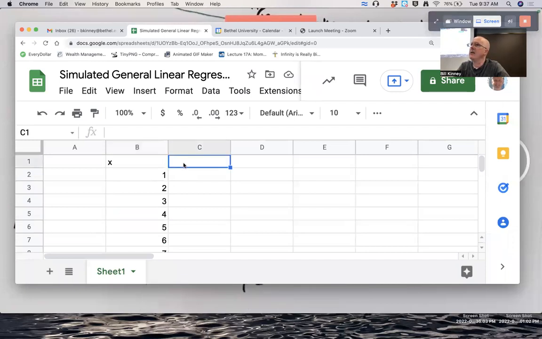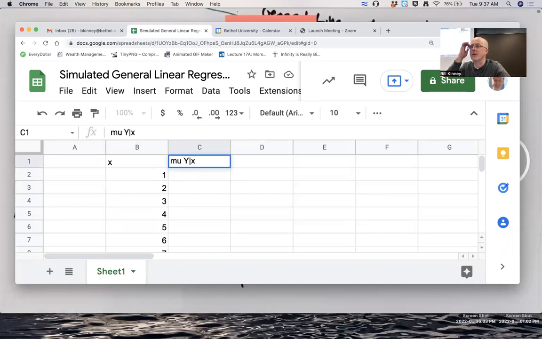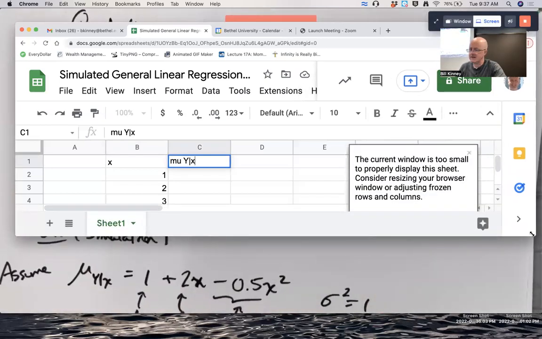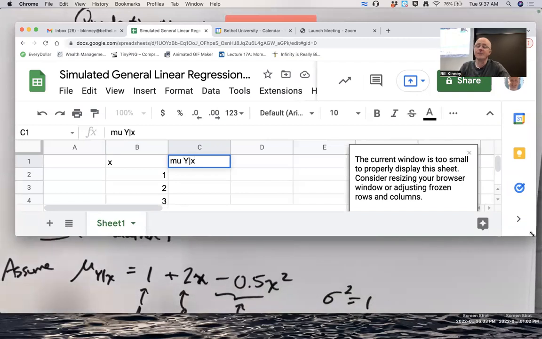Let's now make a column for mu, mu y given X, based on the particular population model that I wrote down. Based on this equation. So what do I need to do?